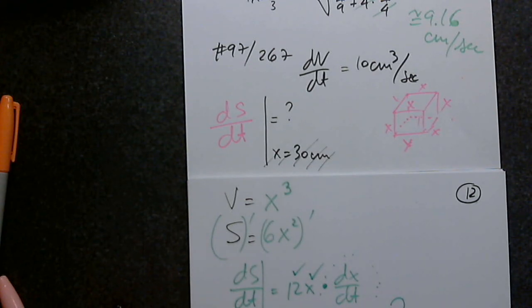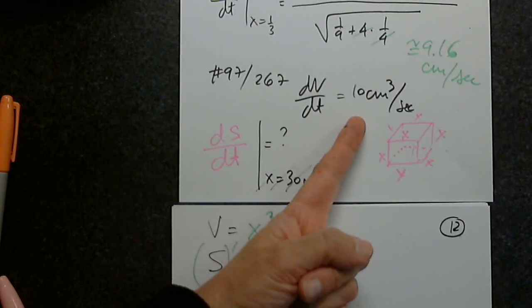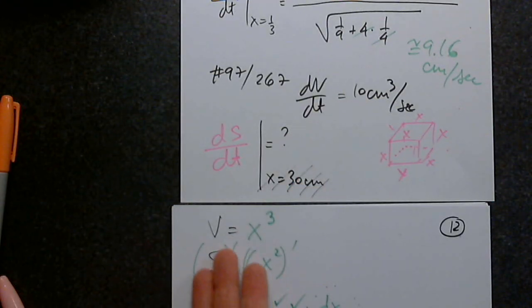I have to get it somehow. But I haven't used all the information that was given to me yet. I'm clearly stating this. I'm clearly given this. I have to use it. So then I should differentiate both sides.